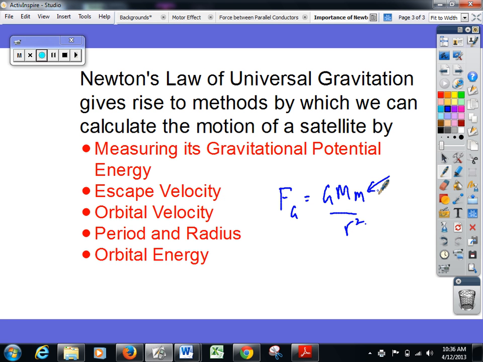So there are 6 things all up, and as a result you can give a very detailed response to such a question in the HSC about all of the motions that are able to be derived from a single understanding of one law of universal gravitation.